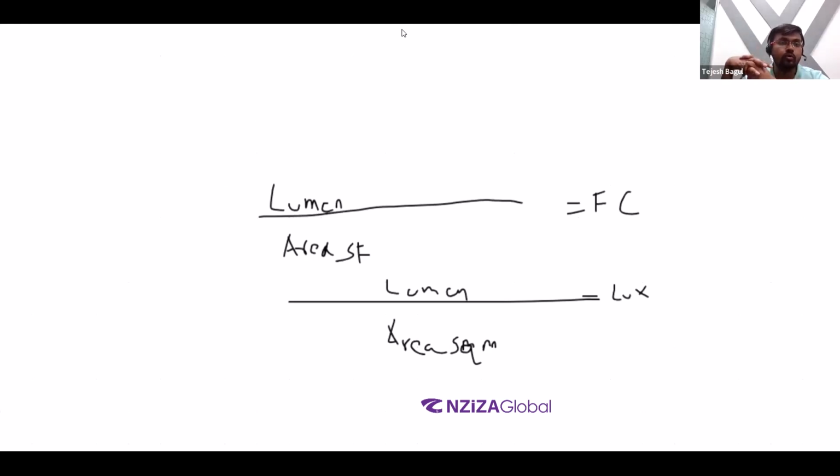You might also notice some yellowish tint, based on the material of the light fixture, which will also reduce the light output. That is where an efficiency number will come into the picture.